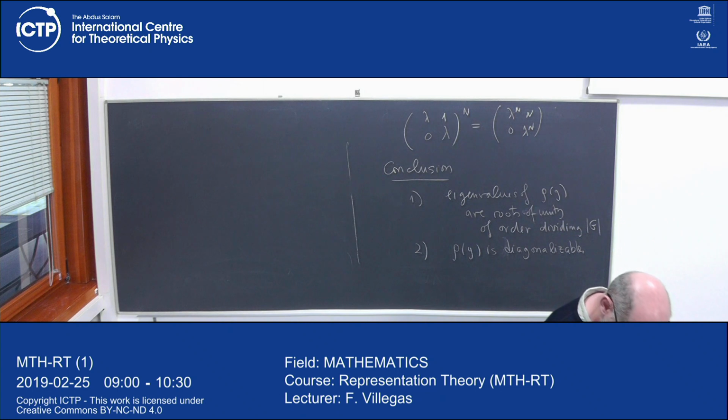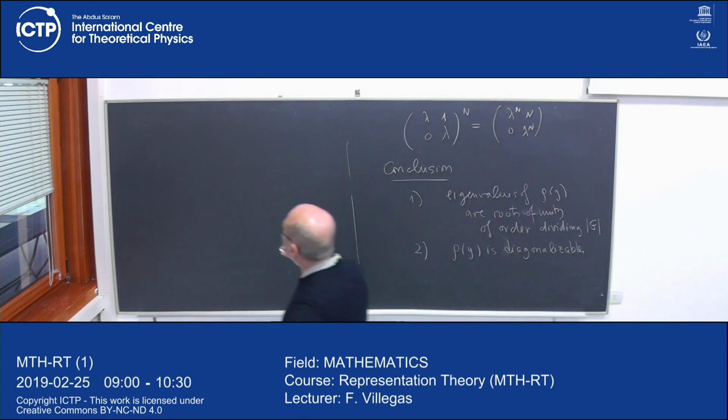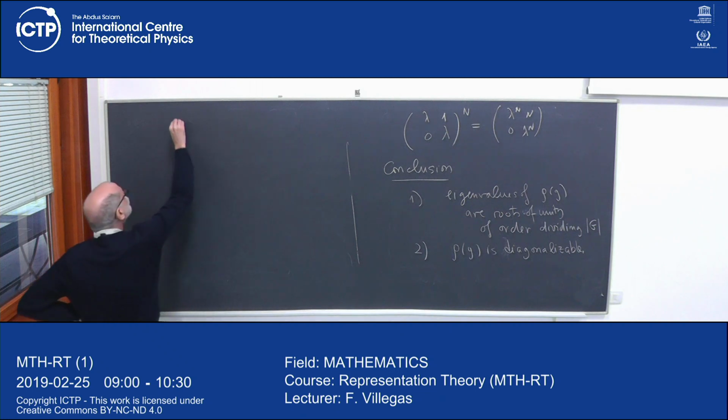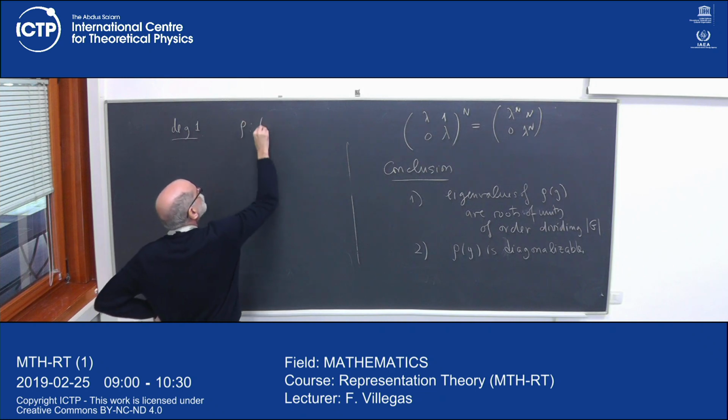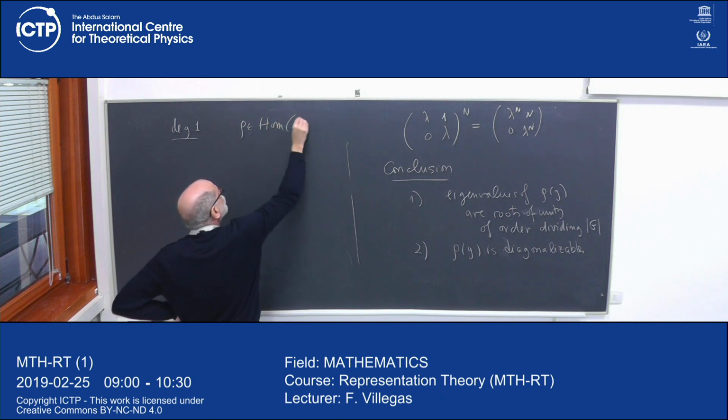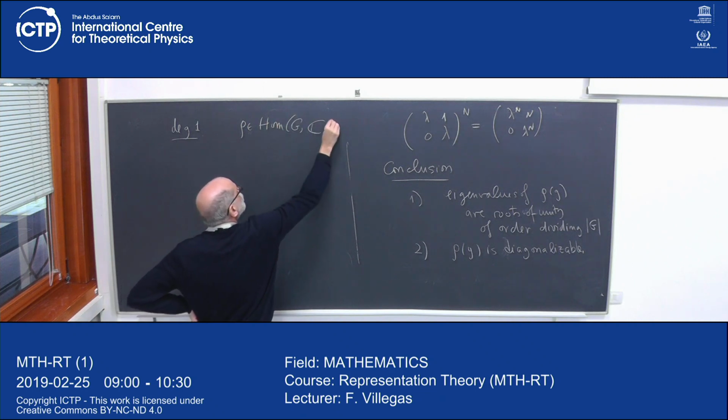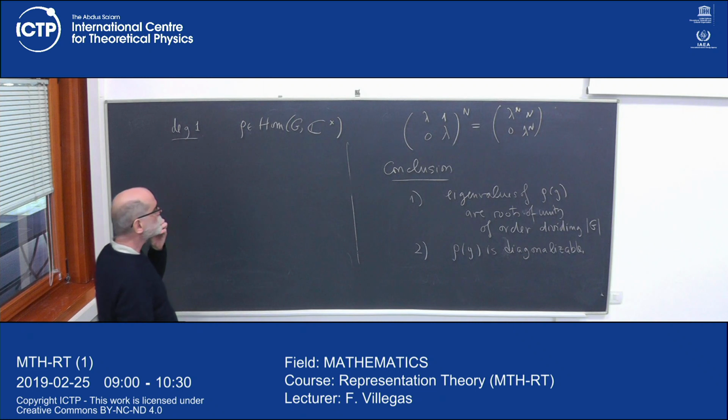or differentiability involved. So let's go back to what we were saying, degree 1 representations. That kind of went into a tangent that we're not really going to use right now. So this is the same as the homomorphism from G to C star.